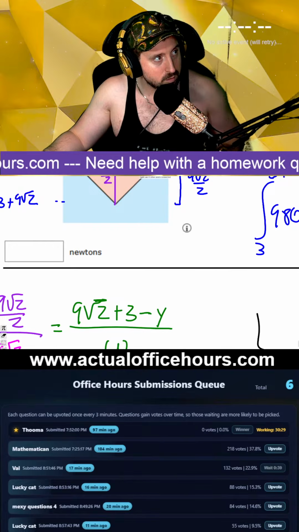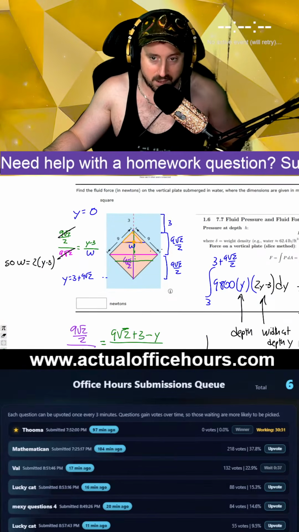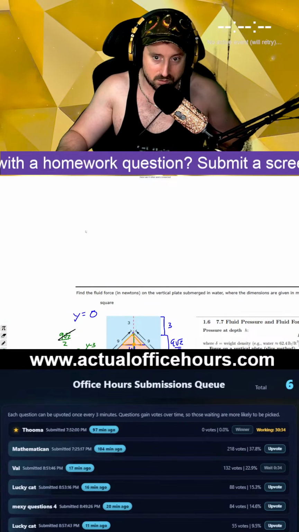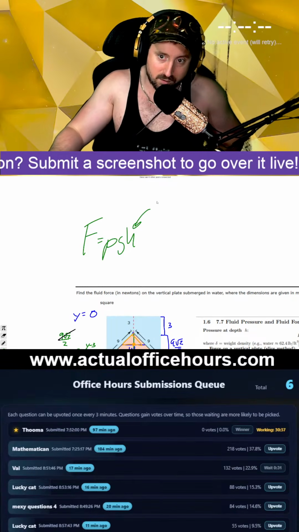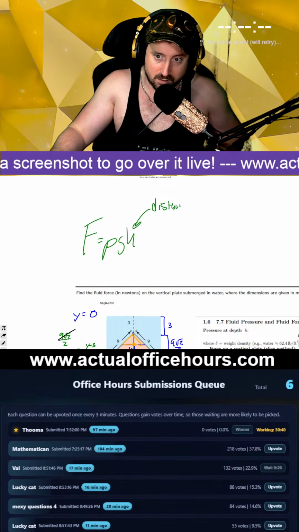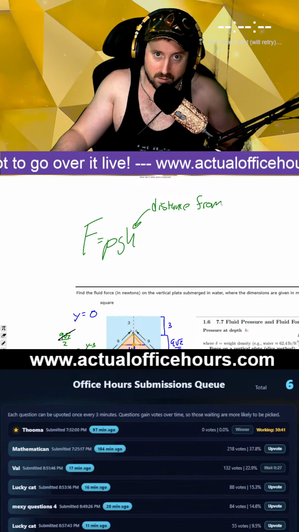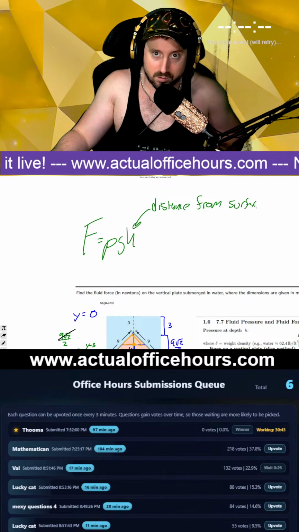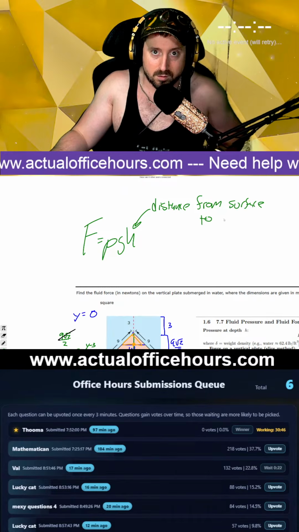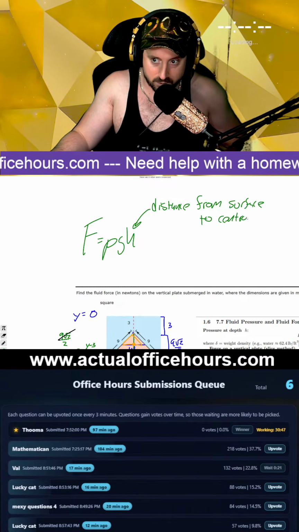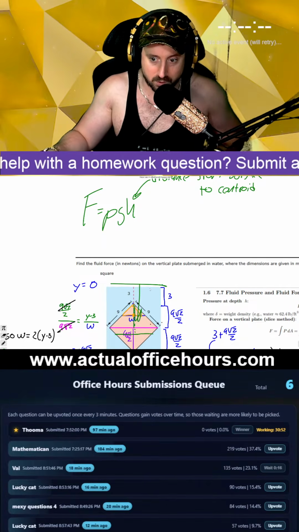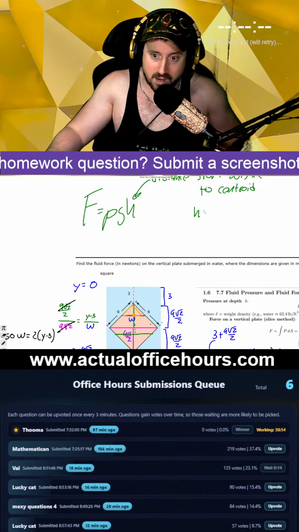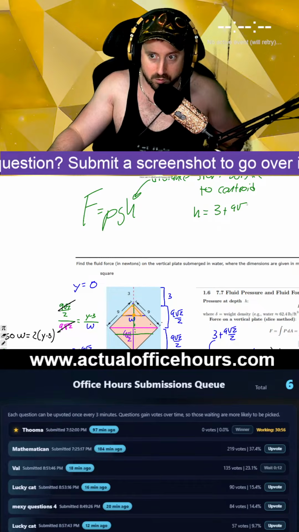Yeah, they're just saying that F equals rho g h, where h is the distance from the surface to the centroid. So h in that case is equal to 3 plus 9 root 2 over 2.